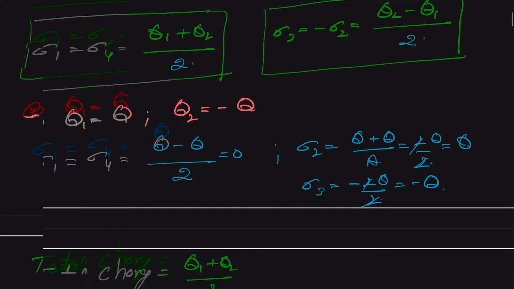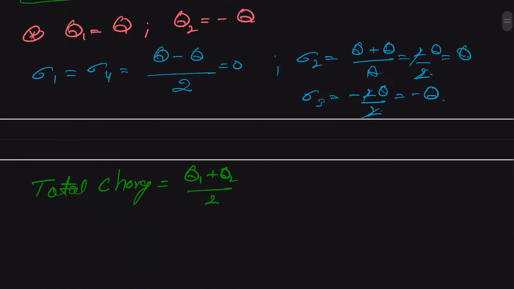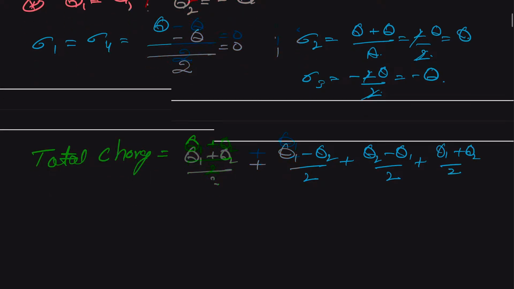And so we can say the total charge will be Q1 plus Q2 and plus (Q1 minus Q2)/2 plus (Q2 minus Q1)/2, and finally our final part is (Q1 plus Q2)/2.